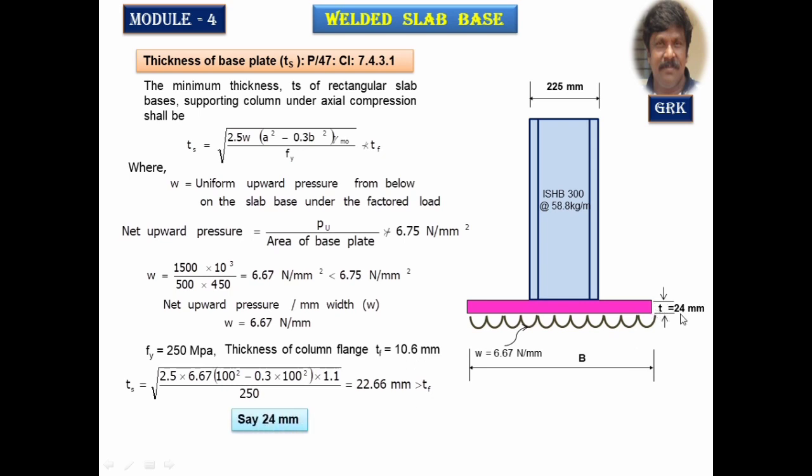The overall dimension of the slab base is 500 mm by 450 mm by 24 mm thick. So this procedure is the same as whatever we have done for the bolted slab base.